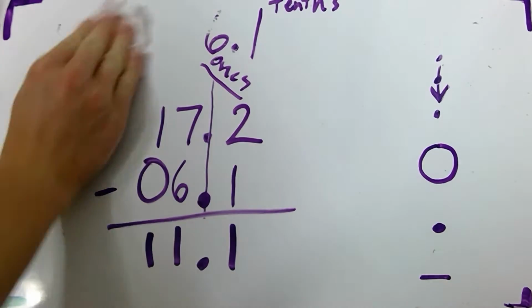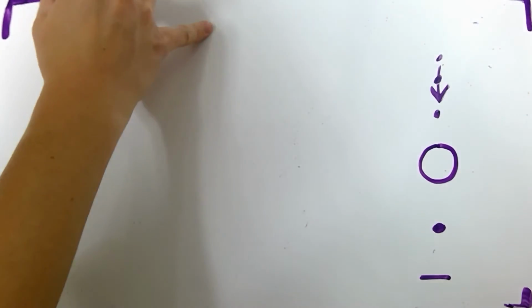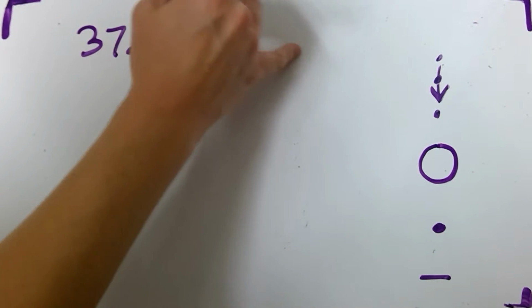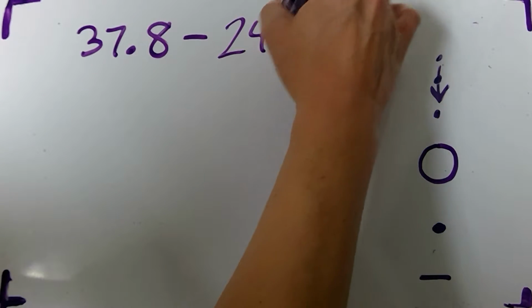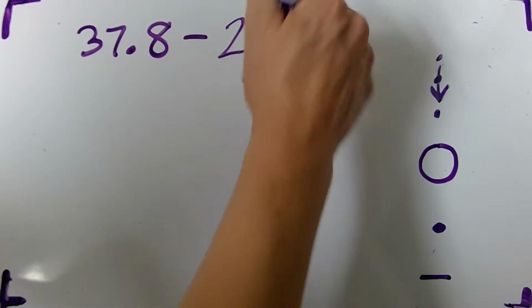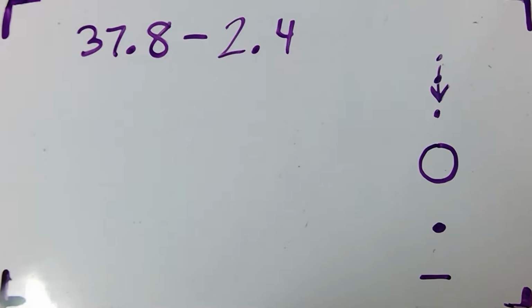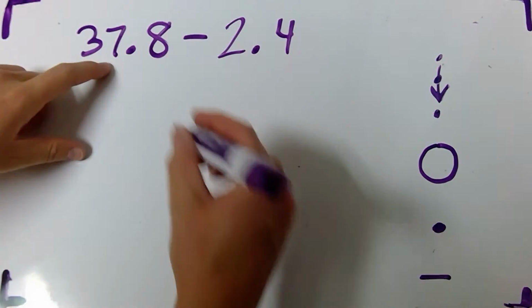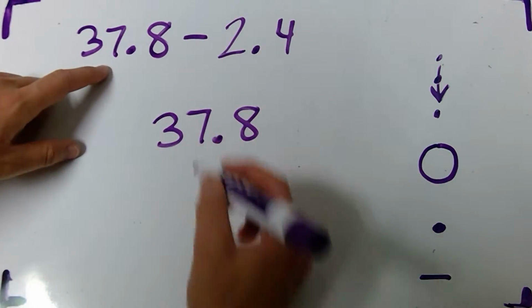Let's do another problem. 37 and 8/10 subtract 2 and 4/10. So write the first number, 37 and 8/10.